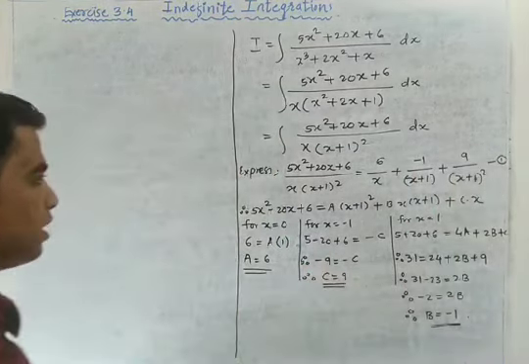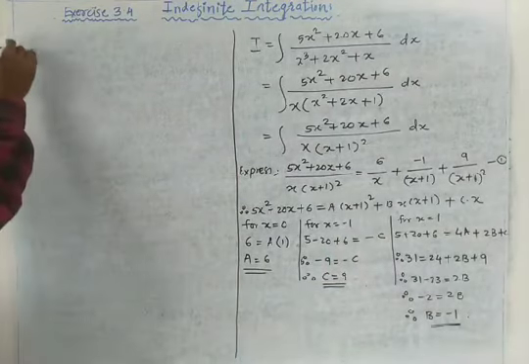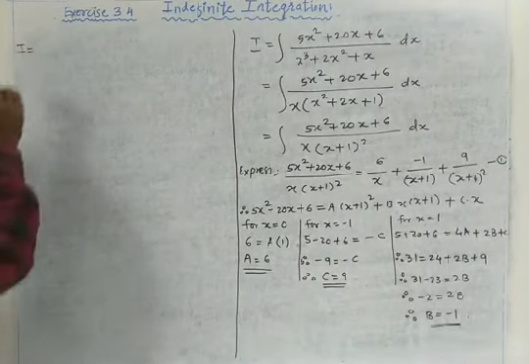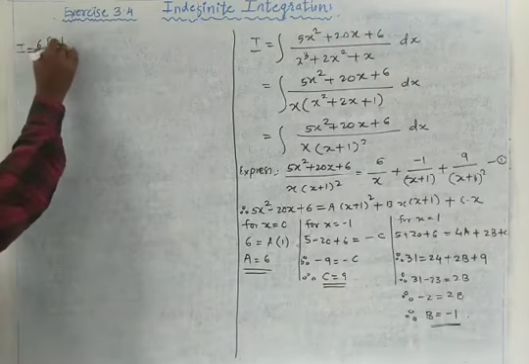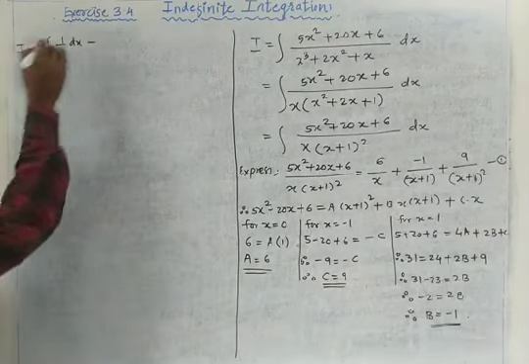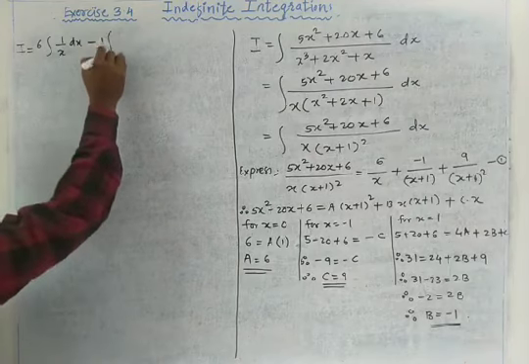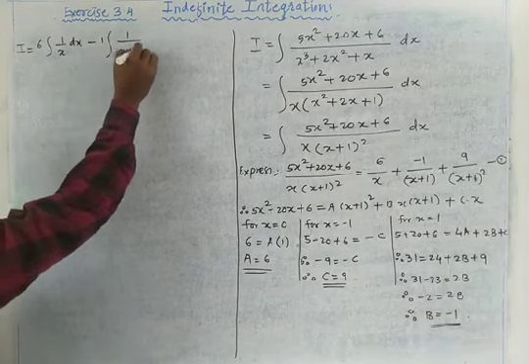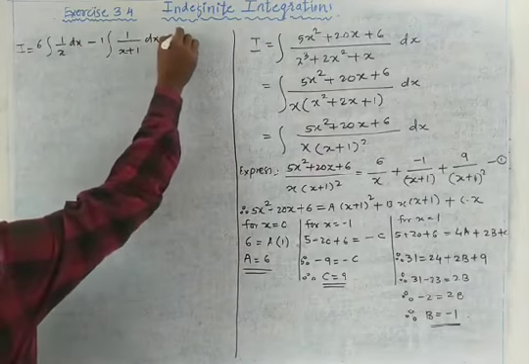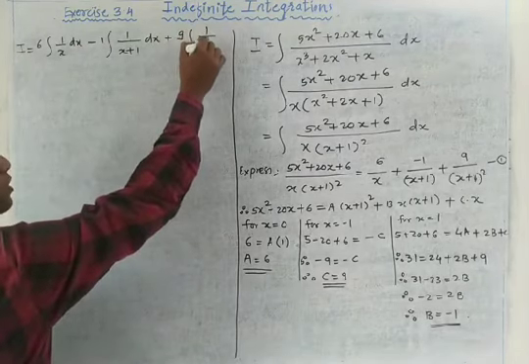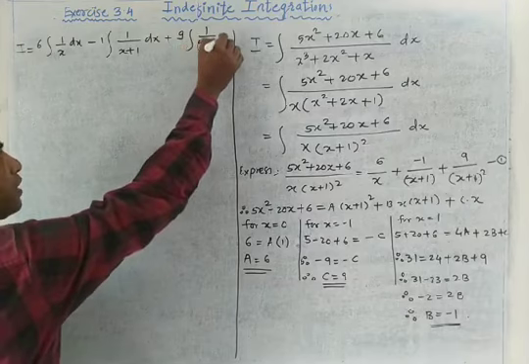And now write down that integration separately, with the constants taken outside. So 6 into the integral of 1/x dx, then -1 into the integral of 1/(x + 1) dx, plus 9 into the integral of 1/(x + 1)² dx.